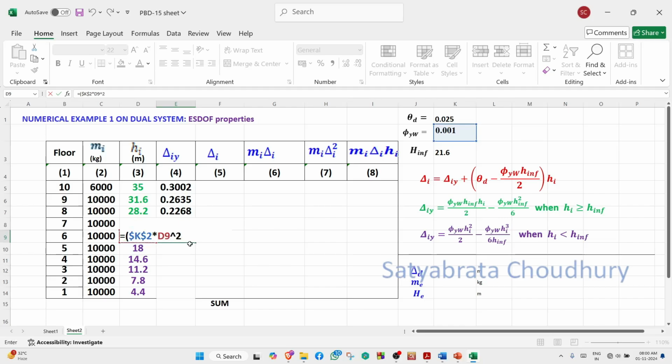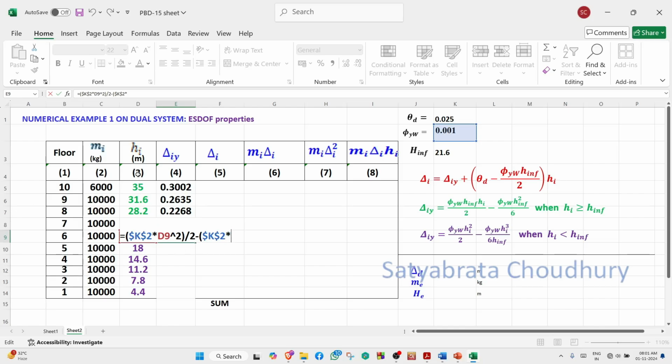So this square divided by 2 minus phi yw, again we put a parenthesis to avoid confusion in the division, star height cube.